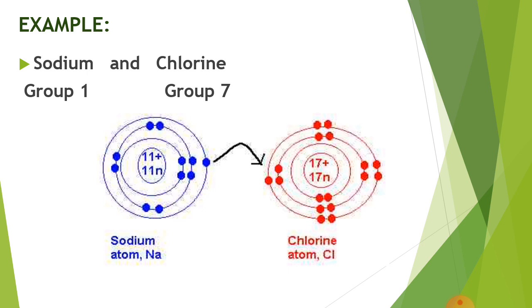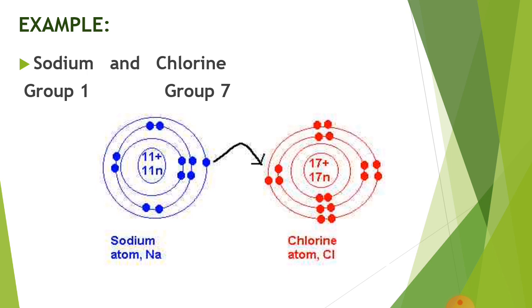Let's see how it loses. Now chlorine on the right hand side, the red one. Chlorine has 17 electrons: 2 in the first shell, then 8 in the second shell, and the remaining 7 electrons in the outermost shell. So chlorine wants to become stable. For that, it needs only 1 electron. In this way, sodium will lose its 1 electron, and that 1 electron will be gained by chlorine.